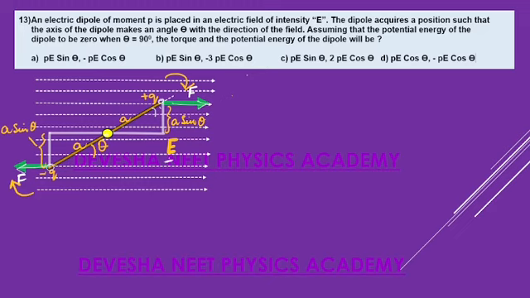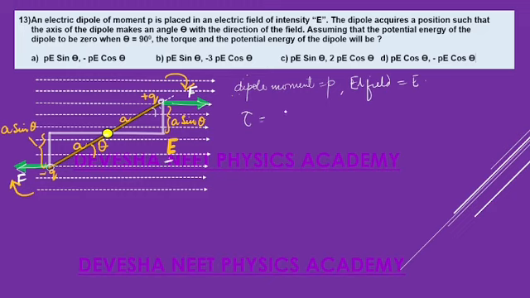So how to find the magnitude of this torque? It is given that the dipole moment is P, and the electric field is E. What will be the torque here?